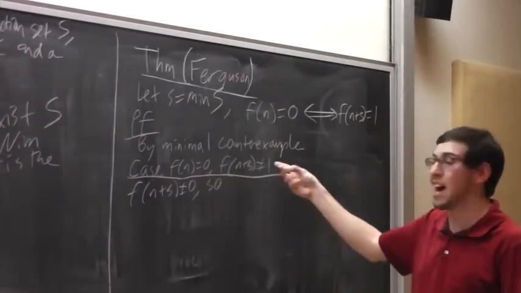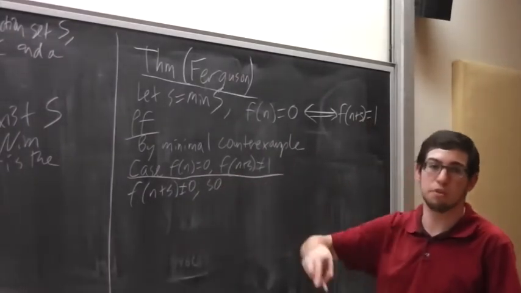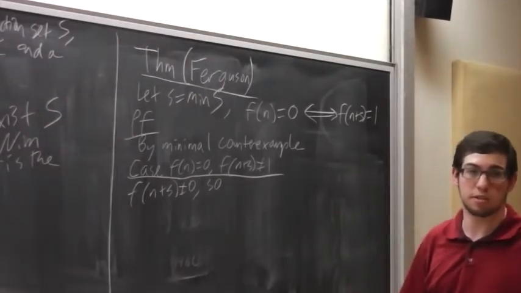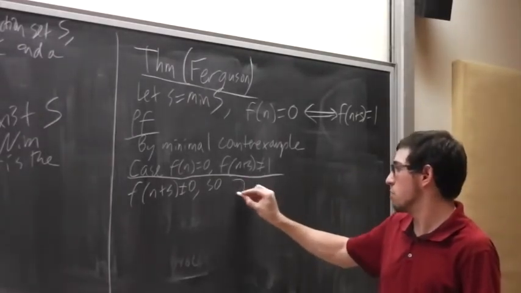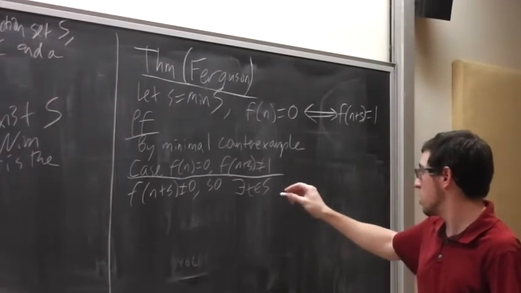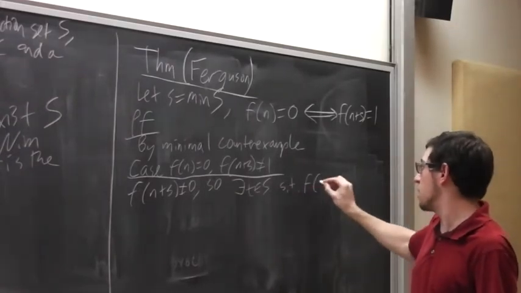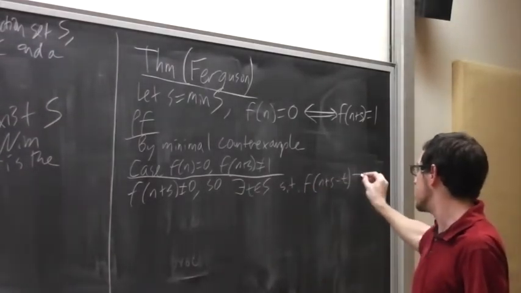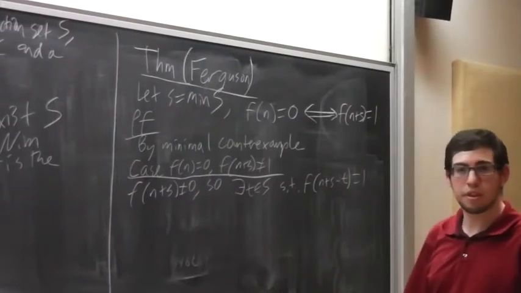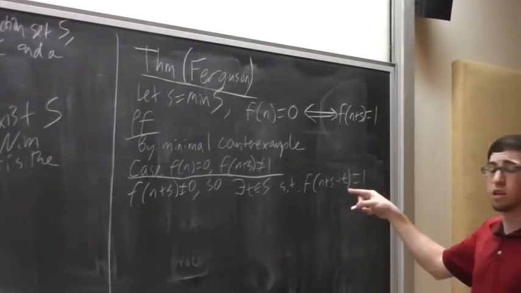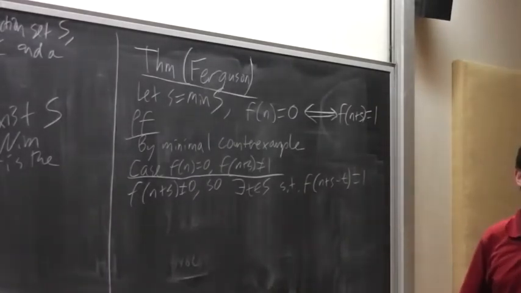And so, since it's not 1, there must be a legal move to some position where the Sprague-Grundy function is 1. So there exists a t in the subtraction set such that f of n plus s minus t is equal to 1. But then, from this position, we can remove s counters, because s is in our subtraction set.